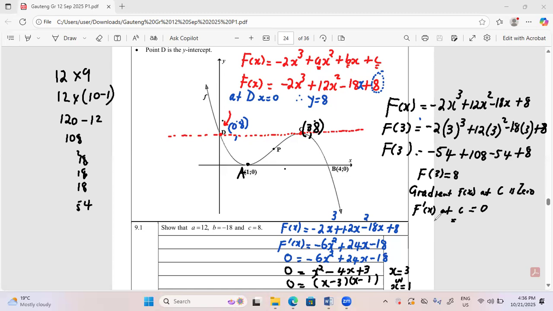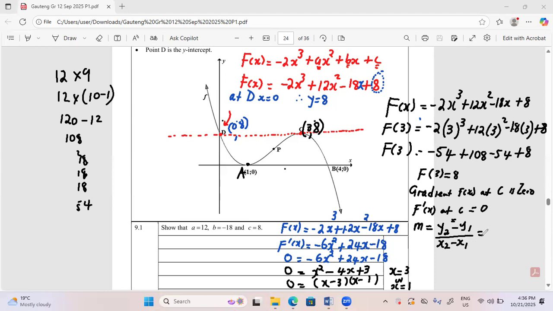So this red line, this straight line, is only tangent to F at C if they have the same gradient. I know the gradient of F at C is 0. Let me find the gradient of this straight line, where we use the formula y2 minus y1 over x2 minus x1.